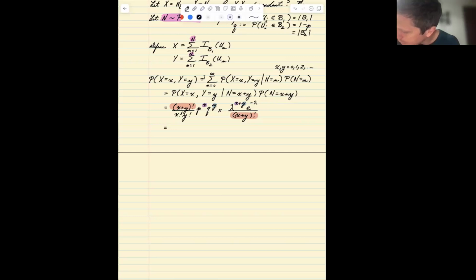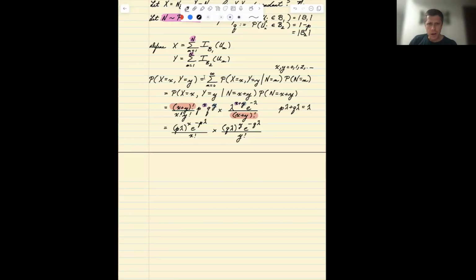So we can write this as (p lambda) to the x, e to the minus p lambda, over x factorial, noting that p lambda plus q lambda equals lambda, times (q lambda) to the y, e to the minus q lambda, over y factorial.